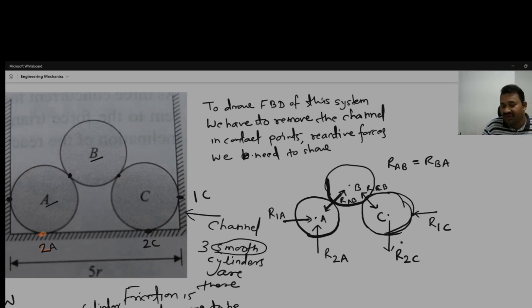So how many forces are there? Reactive forces are there: this one, this one, this one, second, third, fourth, then fifth is here, sixth is here, and there will be the weight of the cylinders.